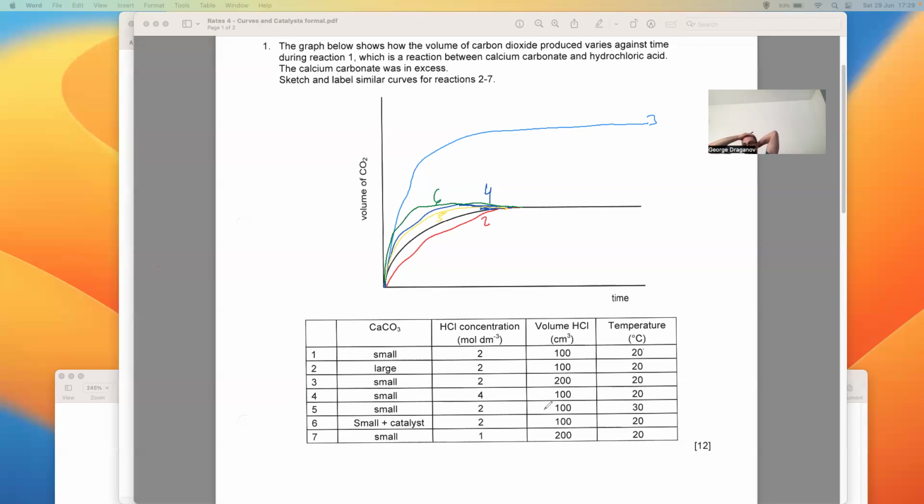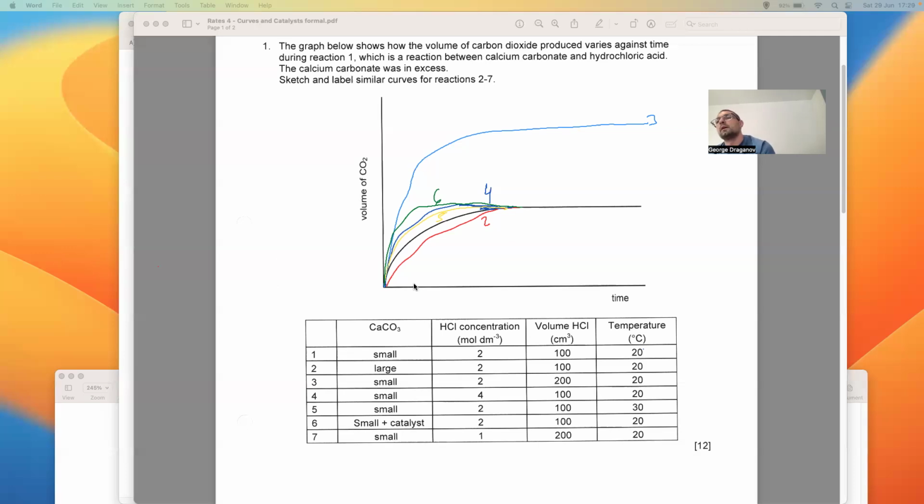So in this one, we have twice the volume of HCl, but half the concentration. So it must go slower. So it should go slower than the black line. Let's go for a black pen, purple pen if you want.